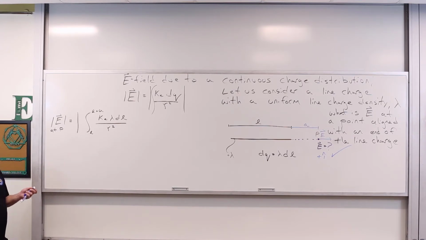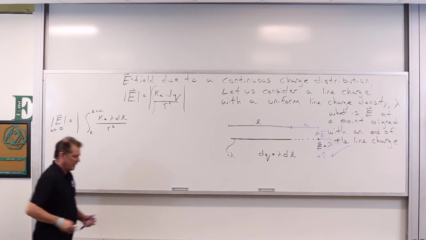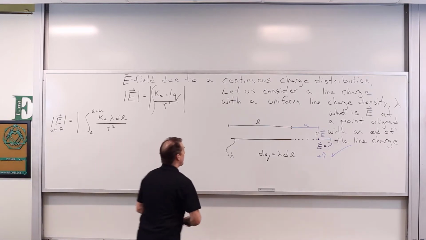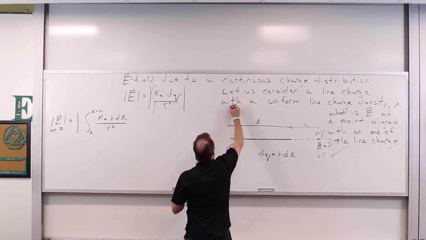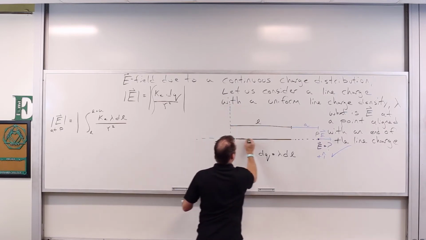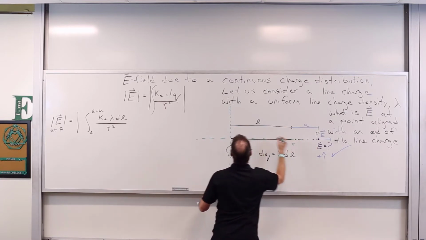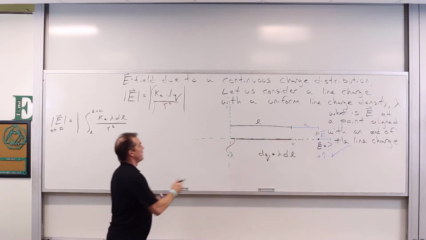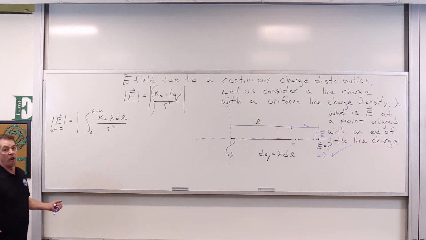Well, we could fix this up a little bit, change some things around to make it more convenient. And the way that we could do that is to embed this on a Cartesian coordinate system. There's the x direction, there's the y direction, and we'll lay this line charge along the x-axis. Why do we want to do that? Well, because then we can talk about things a little bit easier.